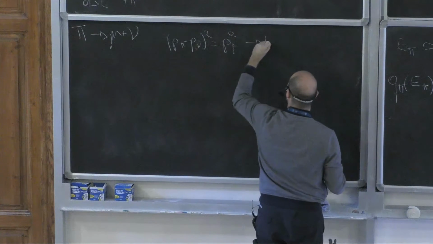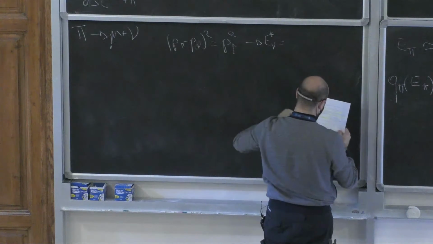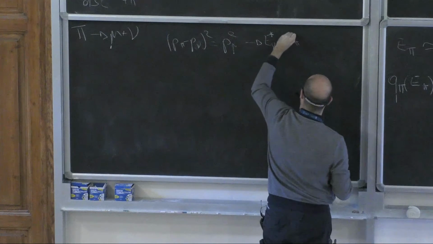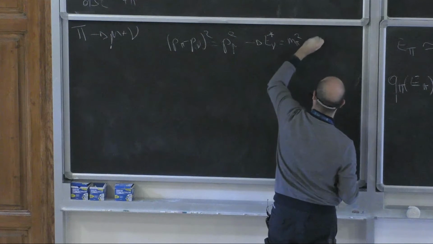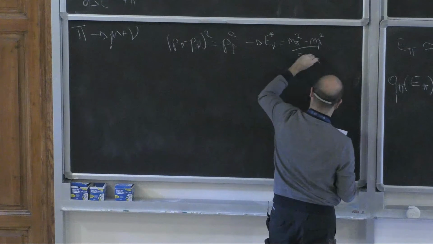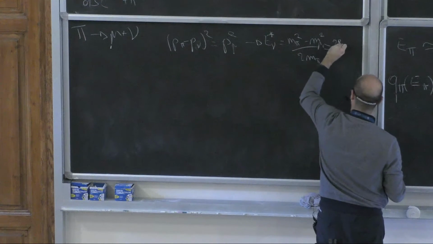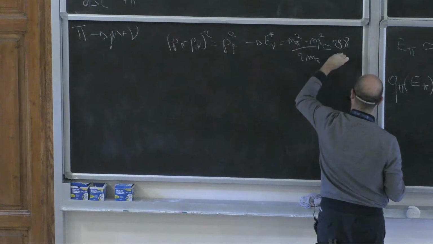And from this, I deduce that E nu in the frame of the pion, which is decaying, is going to be m pion squared minus m muon squared over twice the pion mass. And this is about 29.8 MeV.